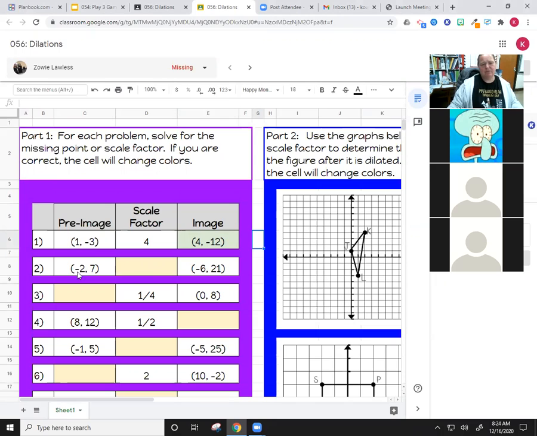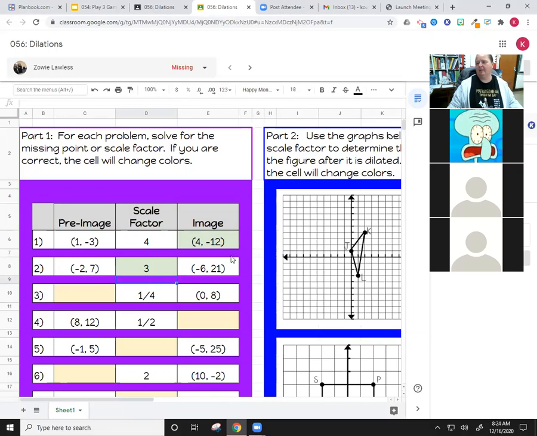So -2 times what number would give me a -6? 3. There you go. Okay. That makes more sense.